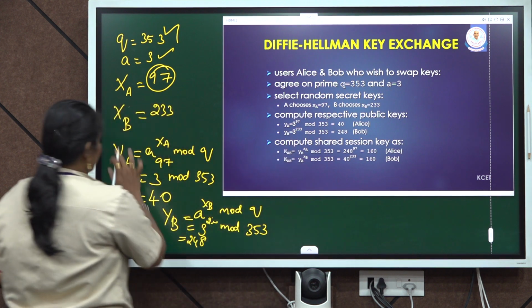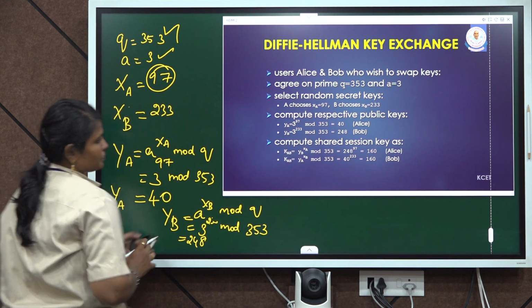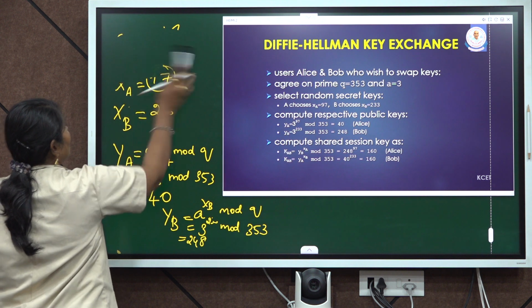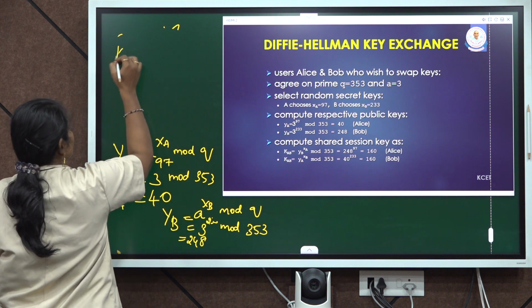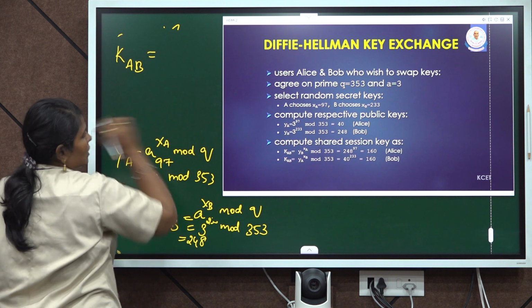Once we have completed the YA and YB values, we calculate KAB, the shared session key between Alice and Bob.